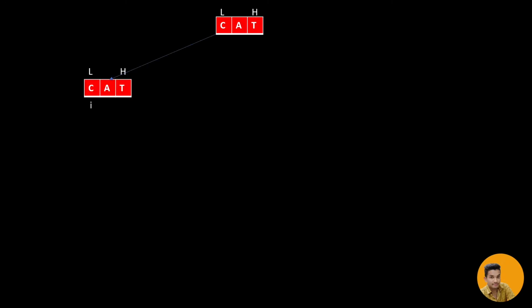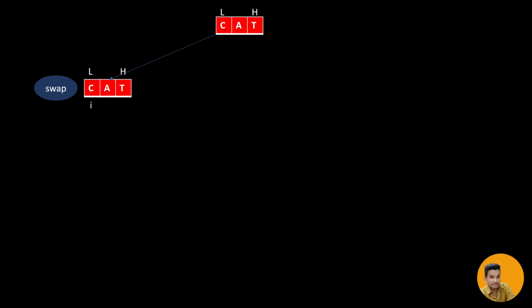Let's say L and H are here and I is the index which is keeping track of the movement. Since L and I are at the same location and H is at the last, telling us that this is the end point. So first of all, we are going to swap the low with the I.